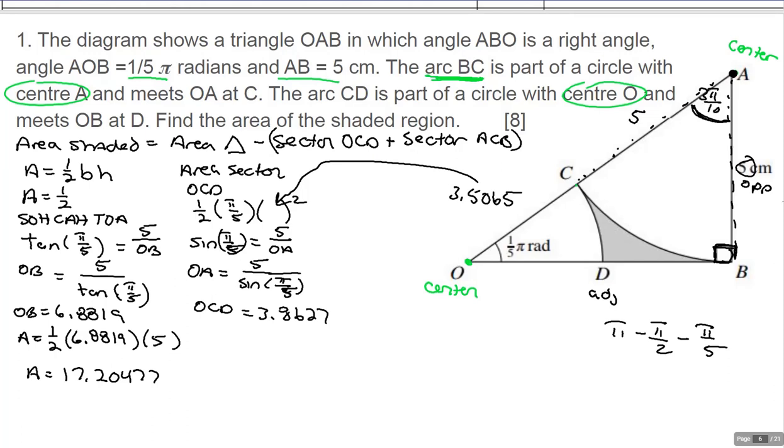Yeah? And see, this is going to be easier. We now have ACB, I'm going to say. ACB, that's going to be 1/2 times the angle, which is 3 pi over 10, times the radius, which is going to be 5 squared, which is 25, right? What do you get when you do that?